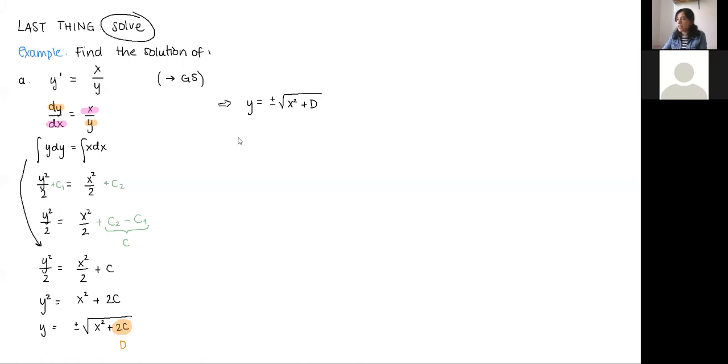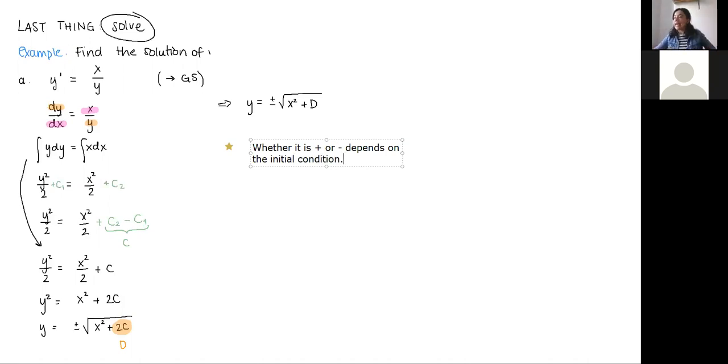And the important part here is that whether it is plus or minus depends on the initial condition, right?